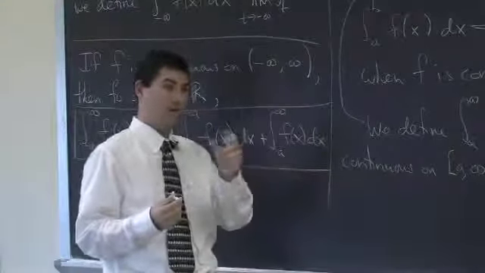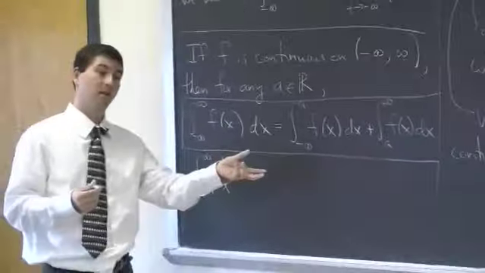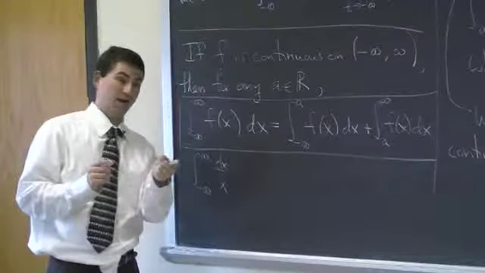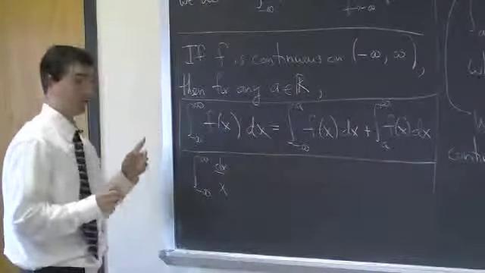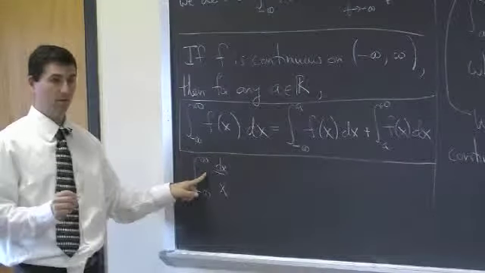So if one is defined, then the other one will be. But if one is defined and the other is not, then you can't mix the two. But here's a related question, where we have an odd function, 1 over x. We're going to integrate from minus infinity to infinity.